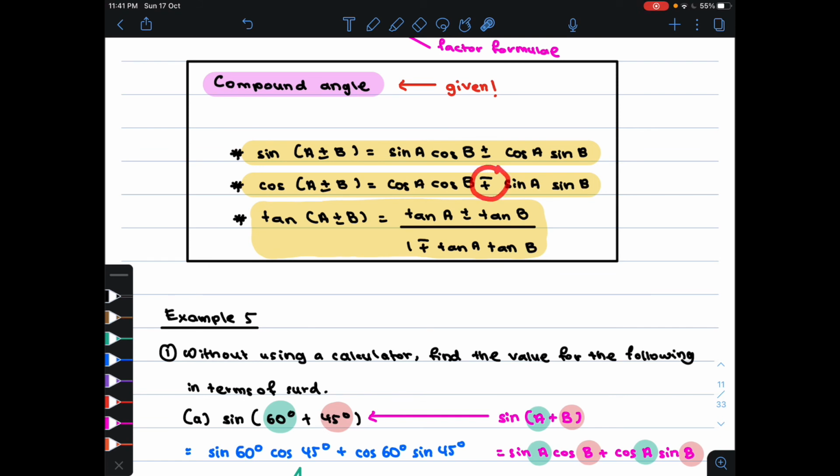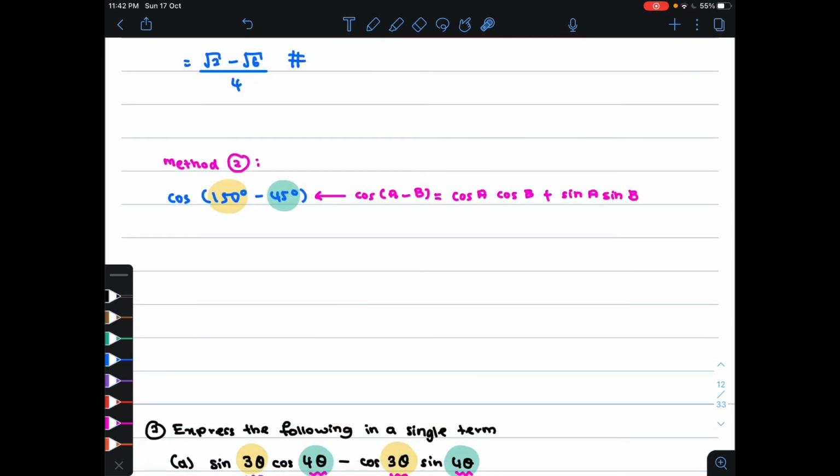Therefore, for the other sign here, we're going to take the sign at the bottom, which is plus. So it's going to be cos A cos B plus sin A sin B. Now we substitute A as 150 degrees and B as 45 degrees into this formula, and we'll get cos 150 cos 45 plus sin 150 sin 45.